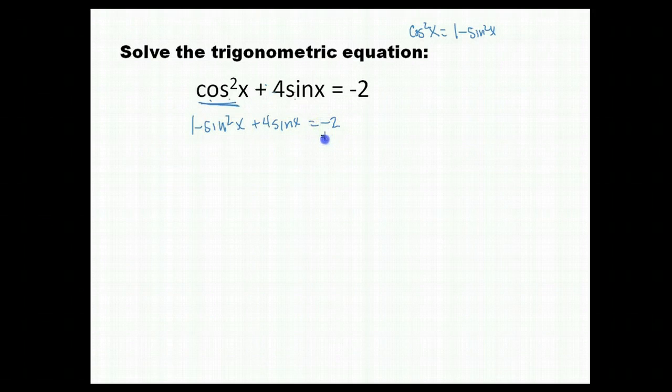We want to get it equal to 0, so I'm going to add 2 over here. That gives me 3 minus sine squared x plus 4 sine x is equal to 0. Let's put it in the order we're used to seeing it, with the squared first. So we'd have negative sine squared x plus 4 sine x, and then plus 3.